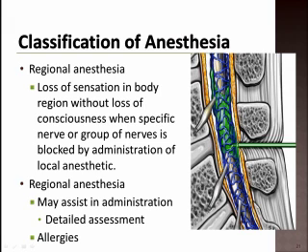Consequently, you must be familiar with the drugs, the methods of administration, and the adverse and toxic effects of the drugs. Initial assessment of the patient should include detailed questioning of the patient's history with local anesthetics and any adverse events associated with the use of local anesthetics experienced by the patient or blood relatives.